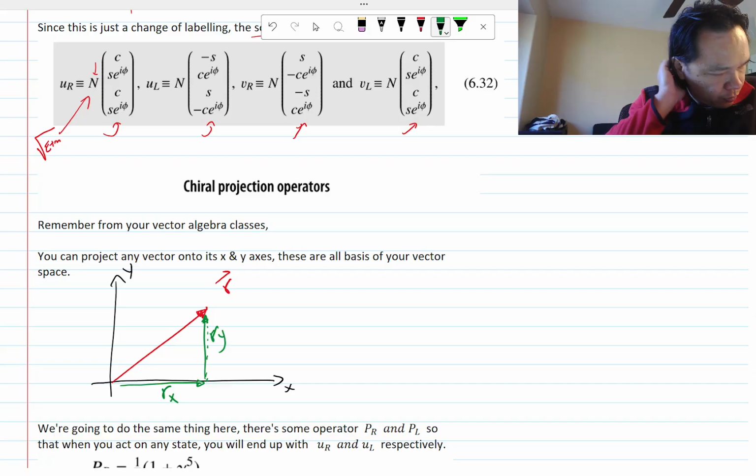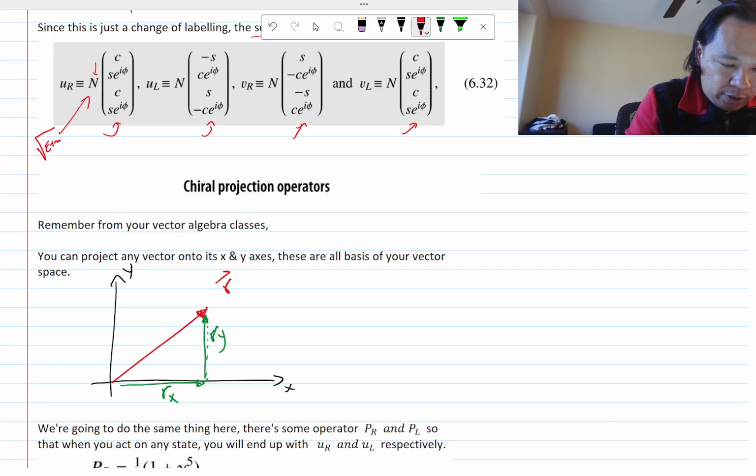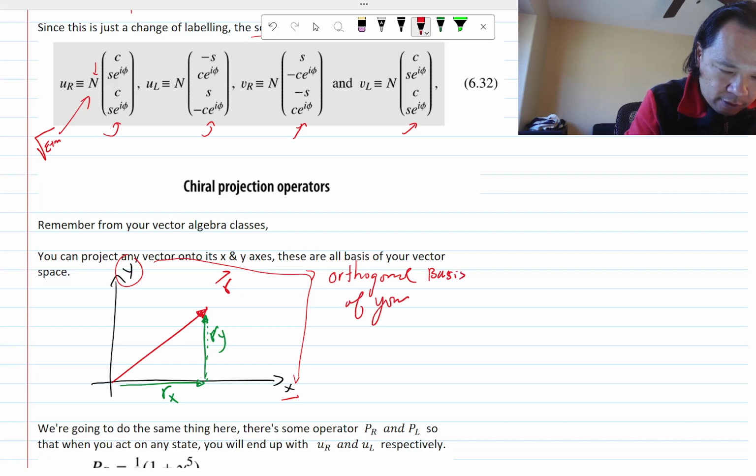Okay, right. So there's a little bit more that usually people don't talk about when you start this. So x and y are what's known as orthogonal bases of your vector space. Why is it called that?